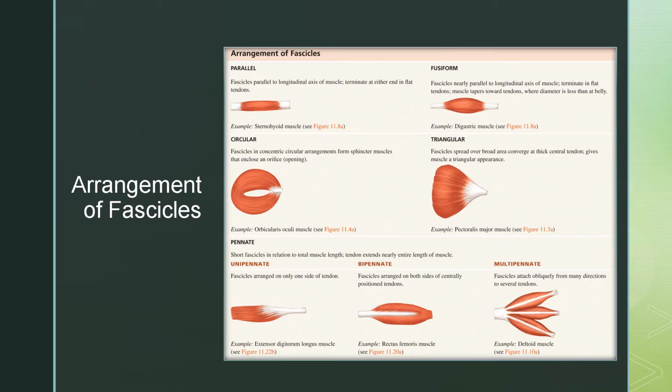So as a muscle fiber contracts, it shortens to about 70% of its resting length. The longer the fibers are in a muscle, the greater range of motion it can produce. So longer fibers equals a greater range of motion. However, the power of a muscle does not really depend on length, but it depends on the total cross-sectional area.